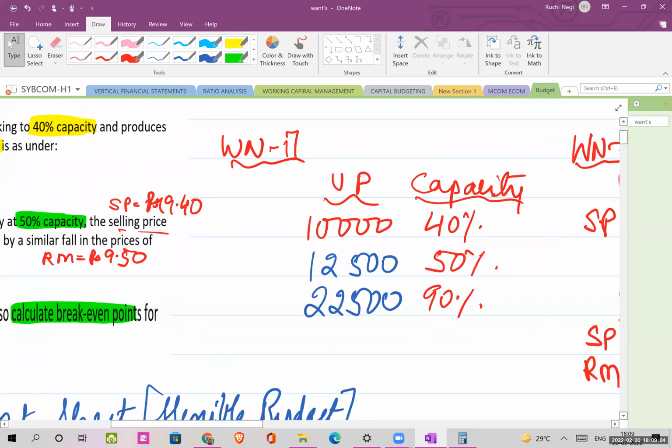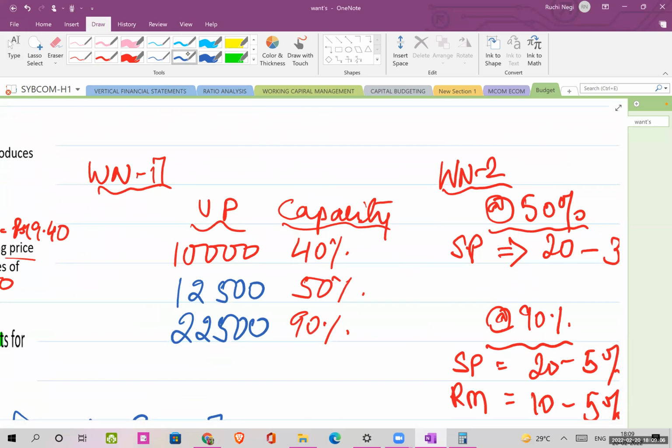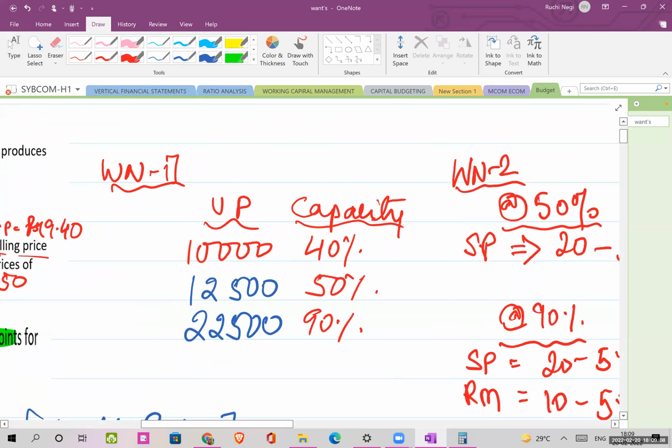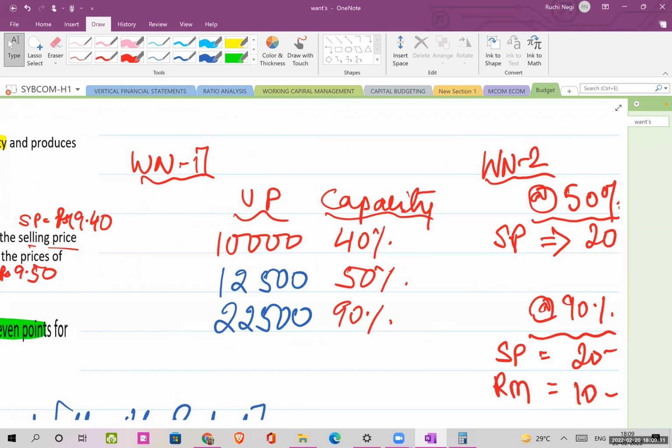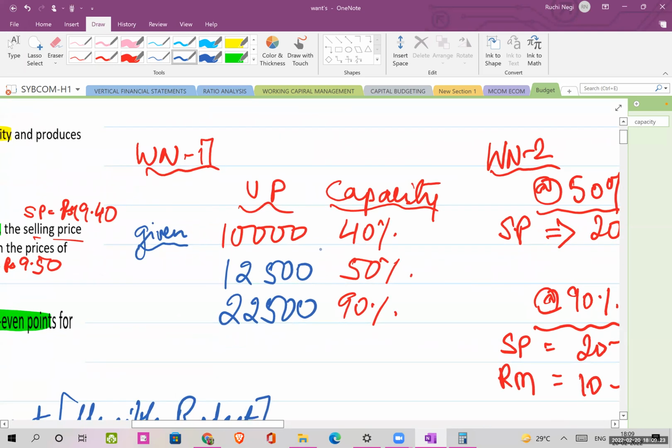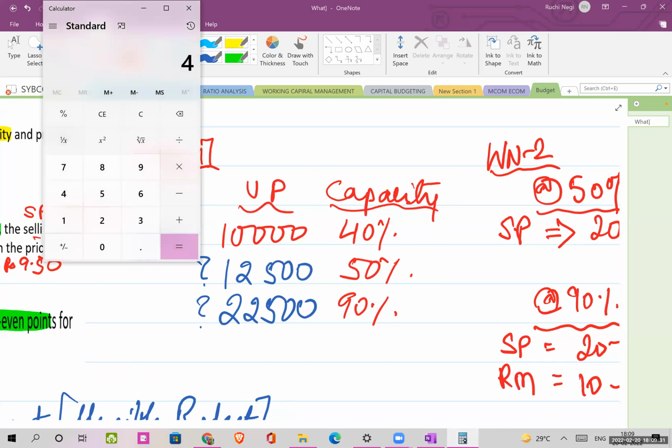As I have been saying always, if there is a change in capacity, then there will be a simultaneous change in the output also. They have said that at 40%, the production is 10,000. So at 50%, how much is it, and at 90%? Let us cross multiply. 10,000 into 50 divided by 40 is 12,500.